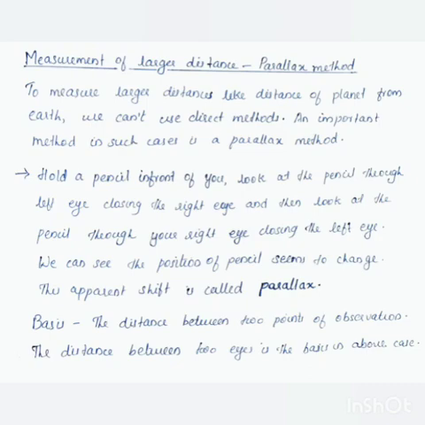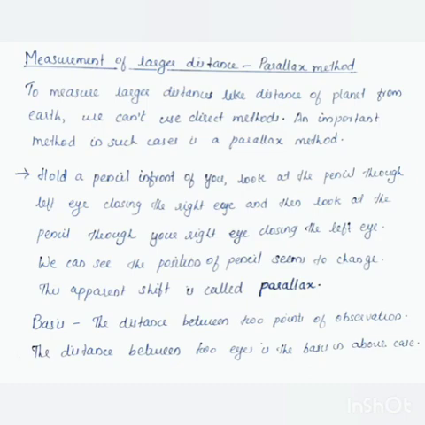While you are doing this, you can observe that there is a shift occurring in the position of the pencil. Even without moving the pencil, by changing from the left eye to the right eye, the position of the pencil seems to change. So this apparent shift is called the parallax.